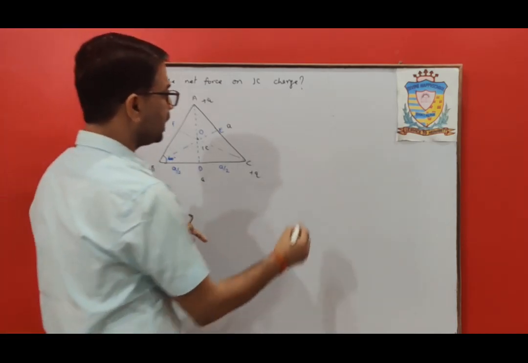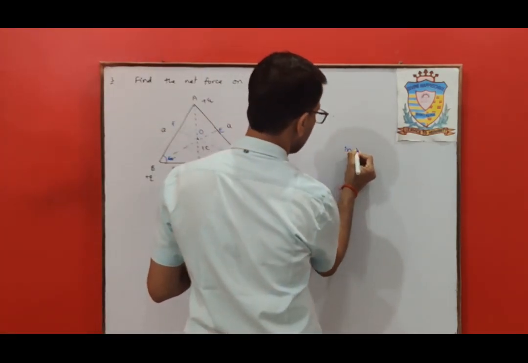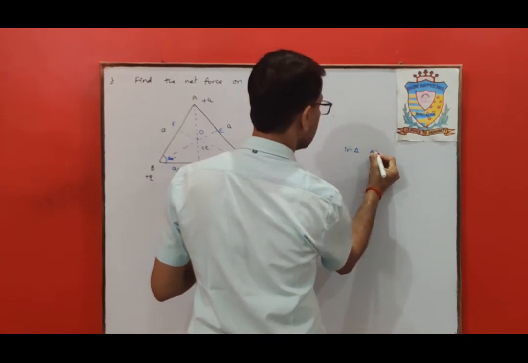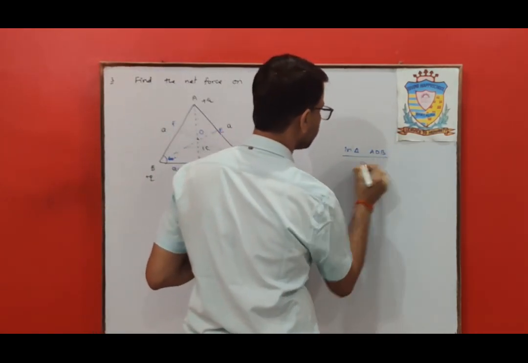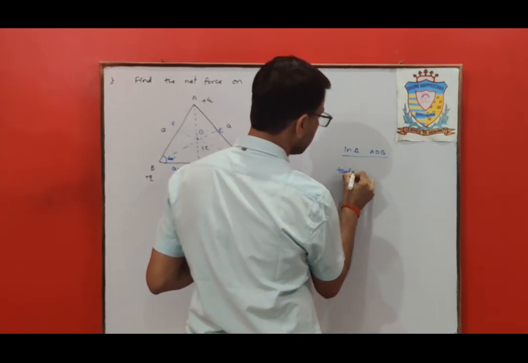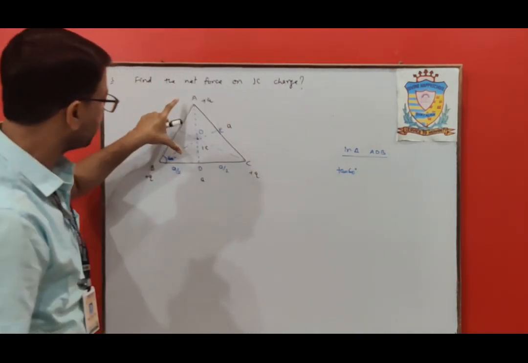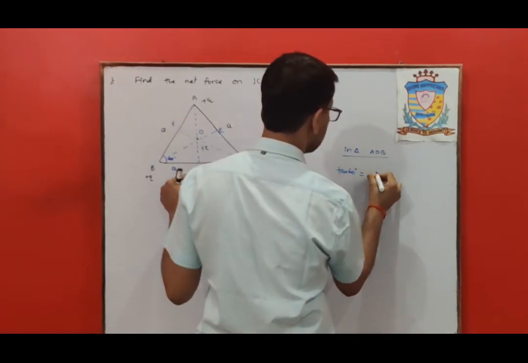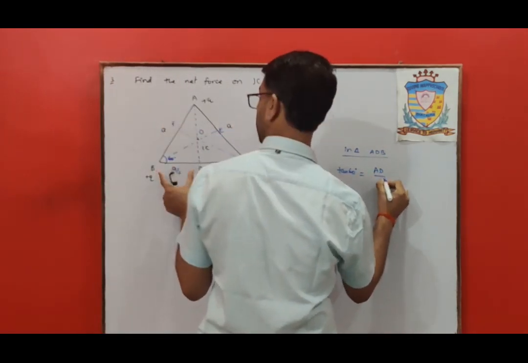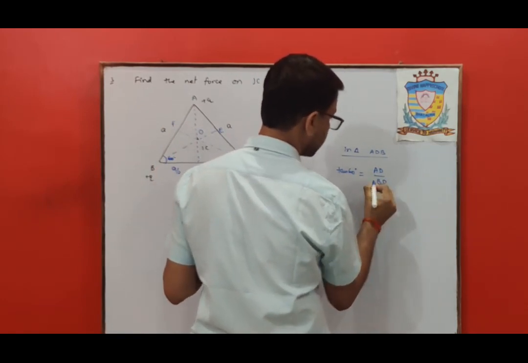So in right angle triangle ADB, tan 60 degree, because we have to find the AD. Tan 60 degree is equal to perpendicular, that is AD, upon BD, that is base.